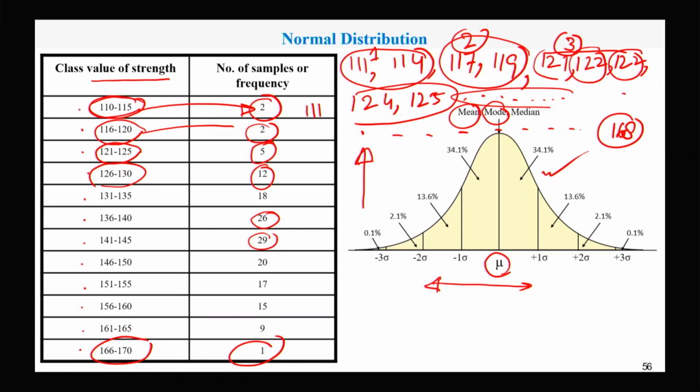And median is, when we arrange the entire data in ascending order, the data point at the center. So theoretically all these 3 values coincide at a point which is mu. It's represented by mu, which is mean, median or mode.